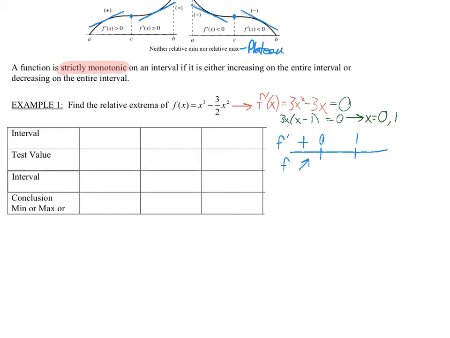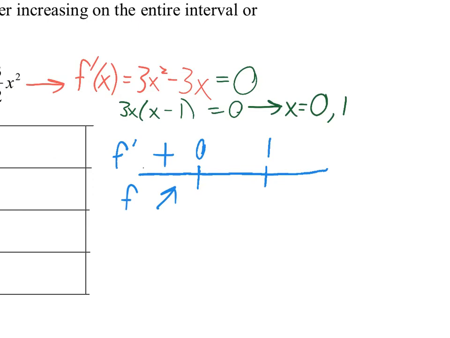You just plugged in a negative, like a number less than 0? Yeah, any negative. If I multiply 3 by a negative, it'll be a negative, and if I subtract 1 from a negative, it'll be a negative. Now if I plug in something between 0 and 1, that's positive, so like a half. 3 times a half is positive, a half minus 1 is negative, positive times negative is negative.